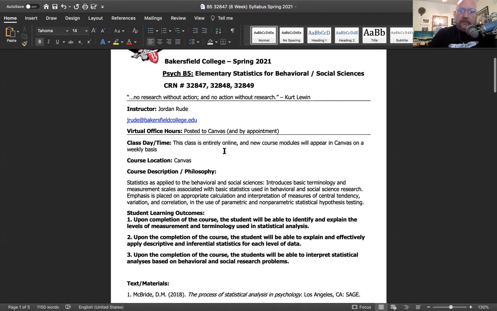So I like to start off every syllabus with a quote. This one says, "No research without action, and no action without research." This is from Kurt Lewin, and this is an analytical, very scientific form of thinking about how you inform yourselves, and in regards to epistemology, where knowledge comes from.